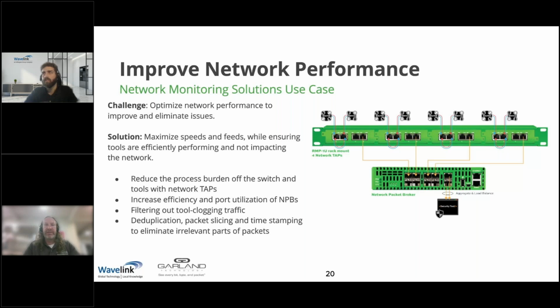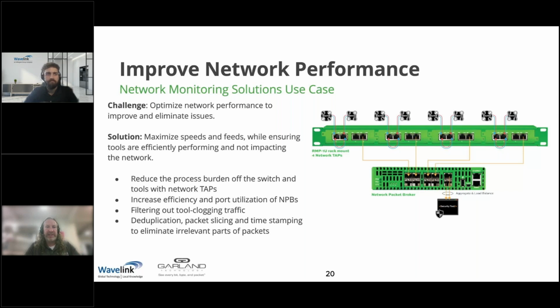So now you can look at methodologies of sharing budgets as well. So the infrastructure you put in, maybe initially the project is a security network detection response solution, but we can also look at utilizing this with network performance monitoring tools as well.